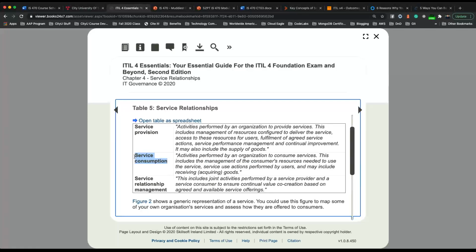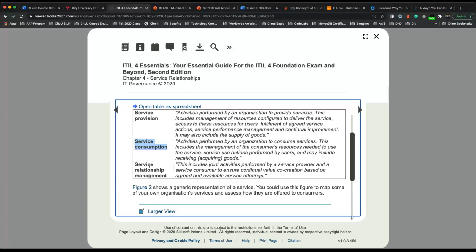An example, to use a storage service or the email service, they would still need to hire a person to manage that and maybe an internet connection. So those are part of service consumption.